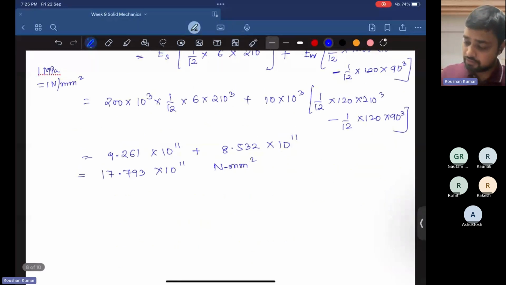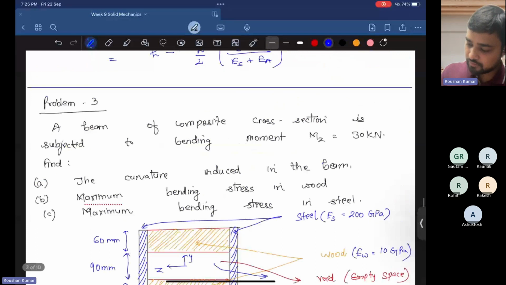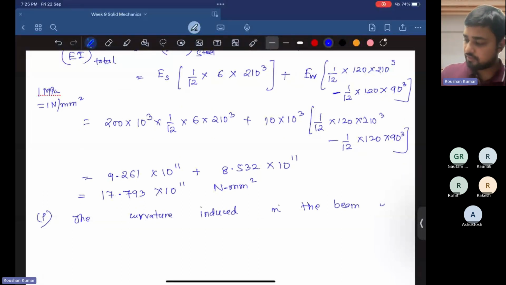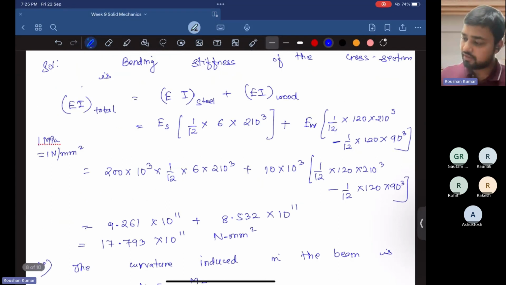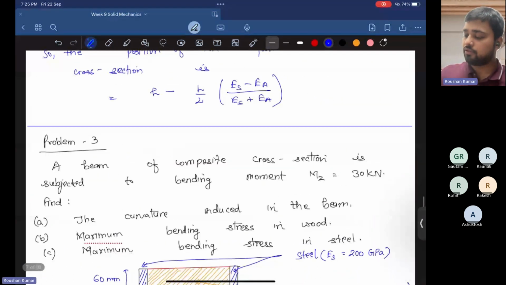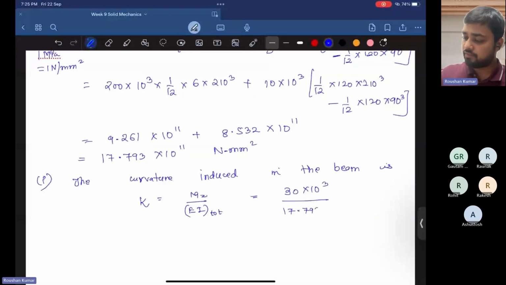The curvature kappa is equal to Mz upon EI total, and Mz is already given in the question, I guess. Yes, 30 kilonewton. So 30 into 10 to the power 3 upon 17.793 into 10 to the power 11.